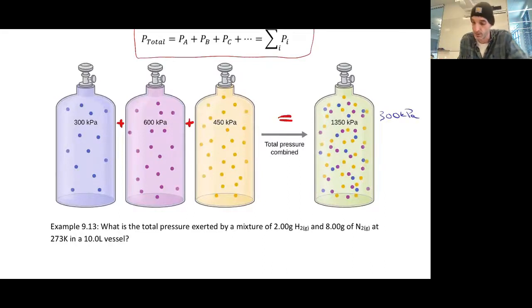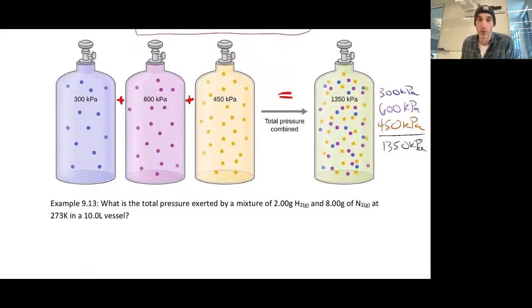Again, pressure is equal to concentration. The red is 600 kilopascals, and the yellow is 450 kilopascals. Those individual parts add up to the total of 1350 kilopascals.